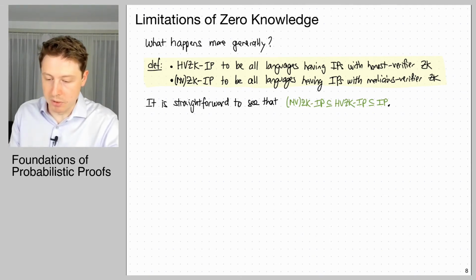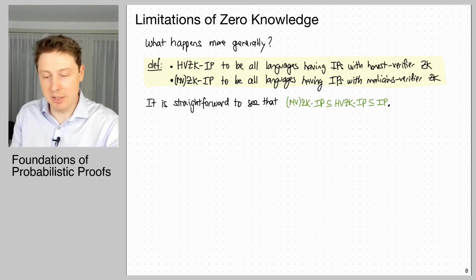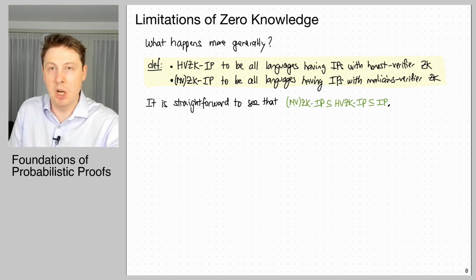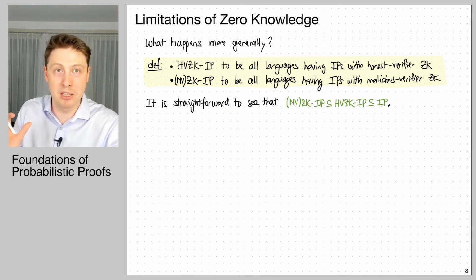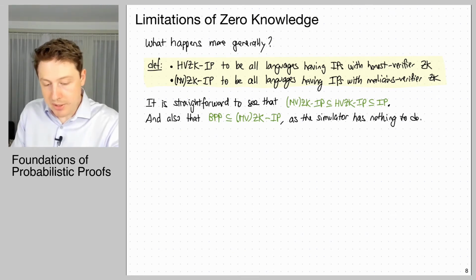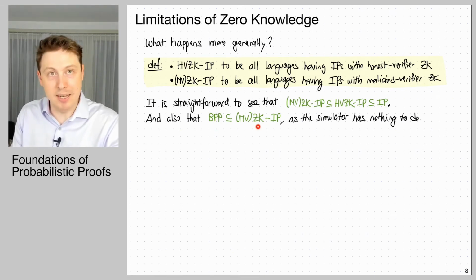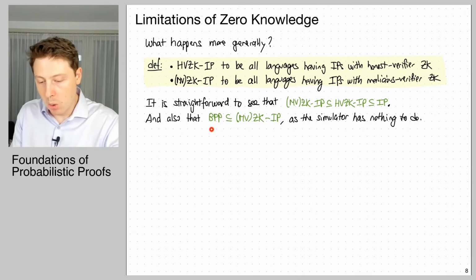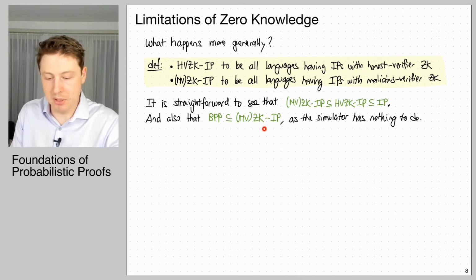Because we are adding restrictions each time, it is clear that these inclusions hold, right? We're just adding restrictions each time, so this cannot make the set of languages go up. It can only, at best, become smaller. And also, it is not completely empty as a complexity class because all tractable languages are by definition zero knowledge, because the simulator has nothing to do.